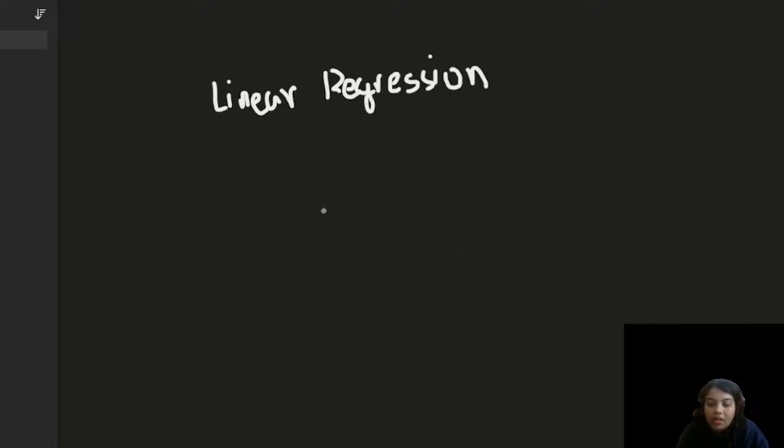Linear regression is based on the simplest equation of linear algebra, which is y equals wx plus b.